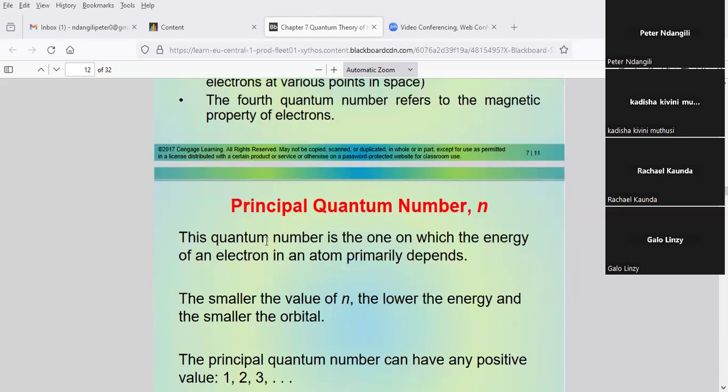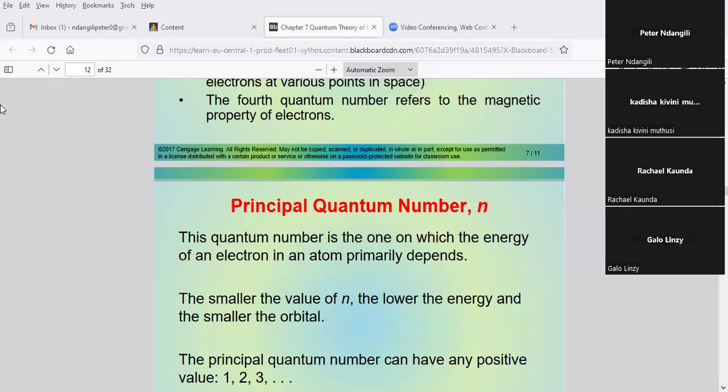The principal quantum number is designated by a small n, and this is the one on which the energy of an electron in an atom primarily depends. The smaller the value of n, the lower the energy and the smaller the orbital. I want to take you back to the Bohr theory.